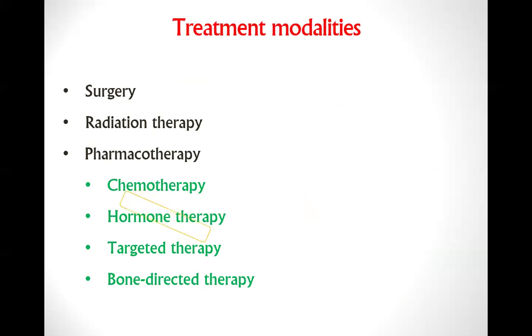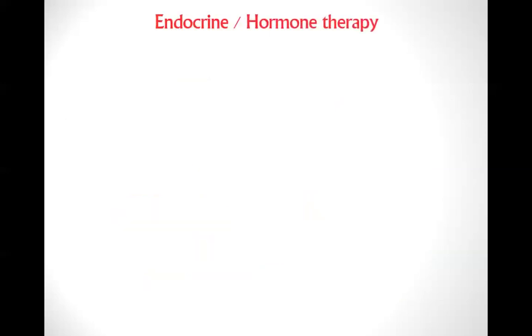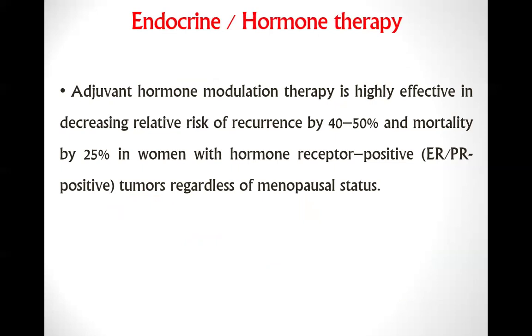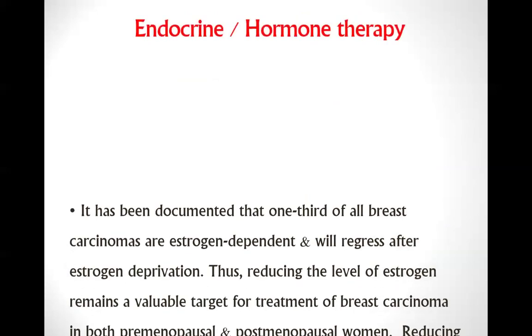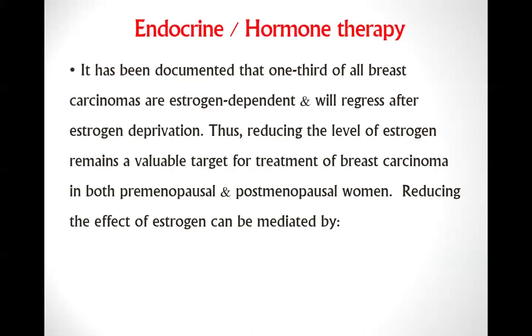Okay, we covered chemotherapy, now hormone therapy. Hormone therapy means mainly estrogen. Adjuvant hormone modulation therapy, we covered this already. It has been documented that 1/3 of all breast cancers are estrogen dependent and will regress after estrogen deprivation.